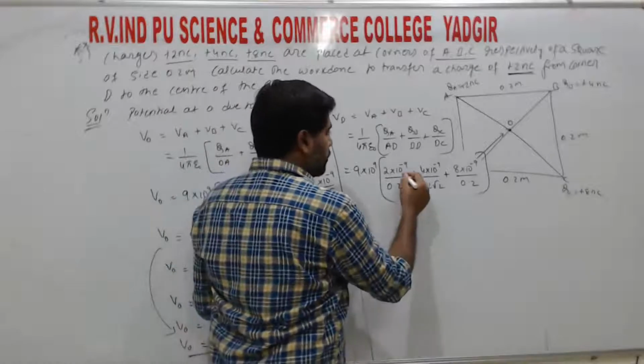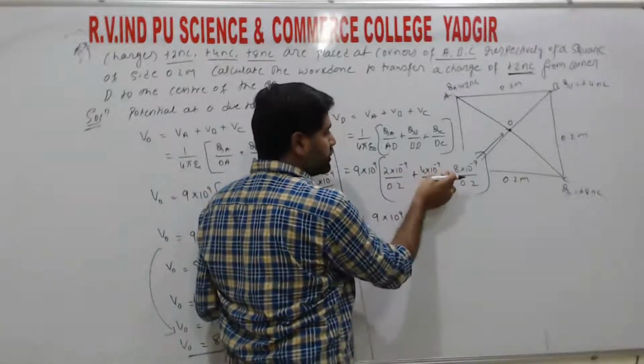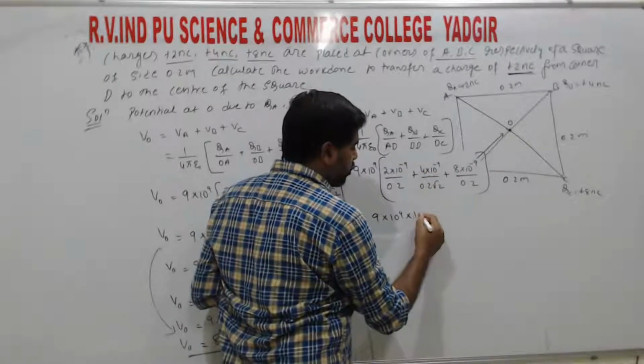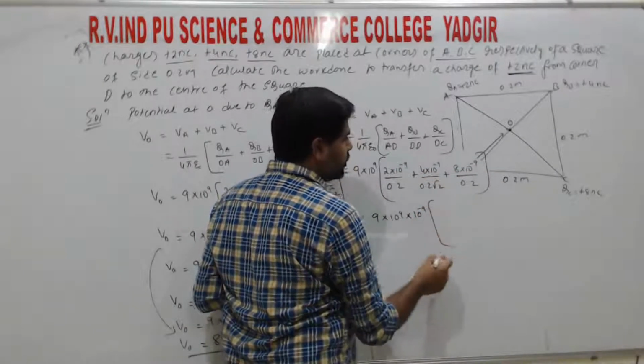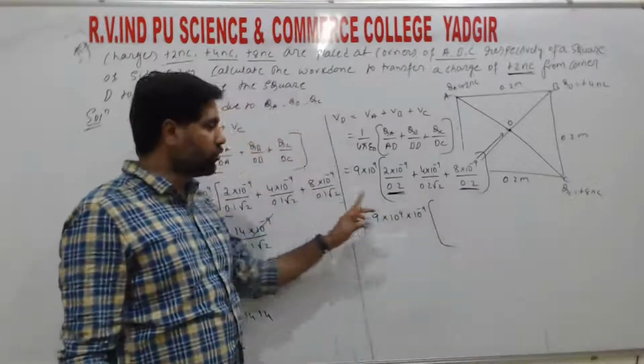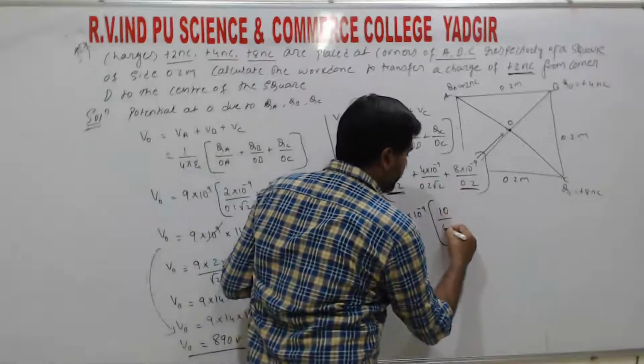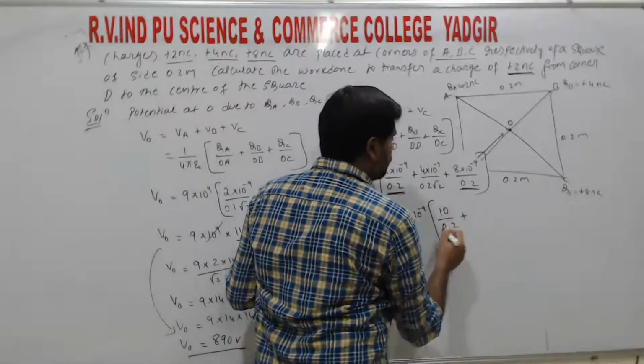So again 9 into 10 to the power of 9 in the numerator, we can take common 10 to the power of minus 9. In these two terms the denominators are the same, so we can add these two. So 8 plus 2 that is 10 divided by 0.2, right?